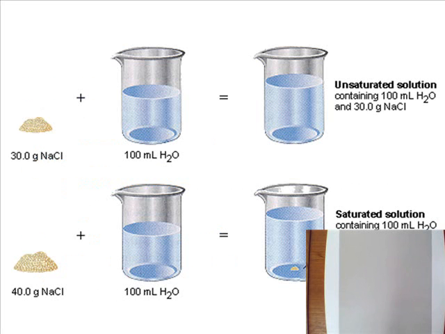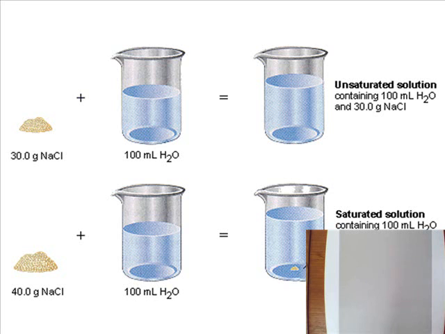In this diagram, it illustrates the idea that if you have 100 milliliters of water with 30 grams of salt, it in fact will fully dissolve, and you will get a homogeneous mixture of the two. Down below, if you were to take 40 grams of the NaCl and dissolve it in the 100 mils of water, in fact, not all the salt can dissolve.